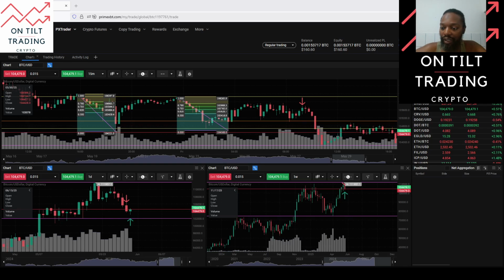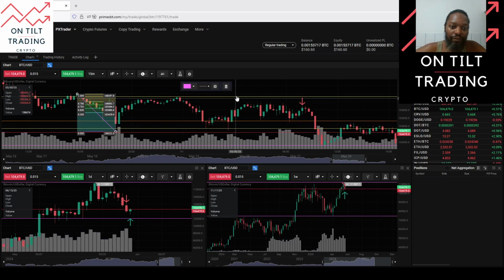I'll remove the Fibonacci retracement tools so we can get a closer look at the price action here. In addition to that, I'm also seeing this order block here for the 60-minute time frame, and this order block here for the 15-minute time frame.